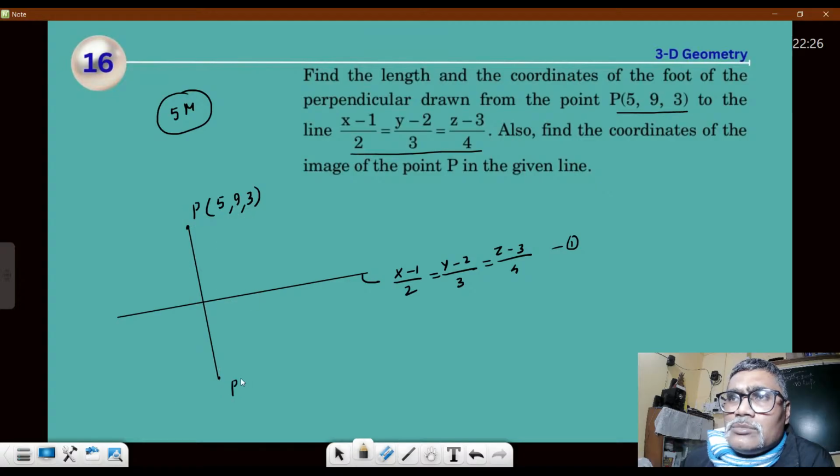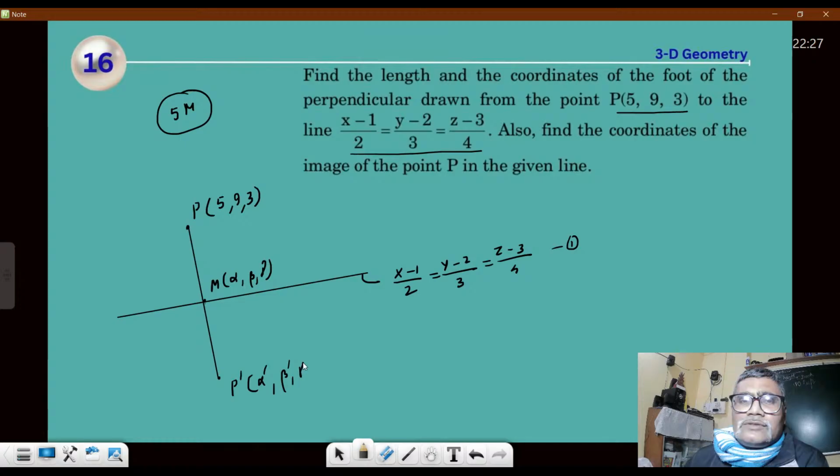Say this be the image, which let me not write as alpha because first I'll find the foot. Let me write this as alpha, beta, gamma. This is say ABC, but I don't want to use that because ABCs are used for direction ratios. So I'll write alpha dash, beta dash, gamma dash. Afterwards, I'll find what alpha dash, etc. are.